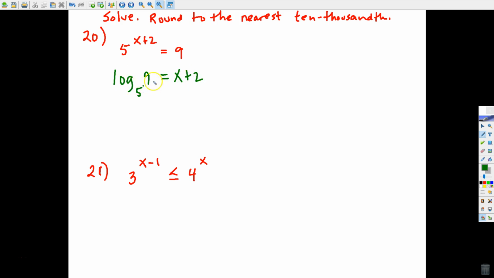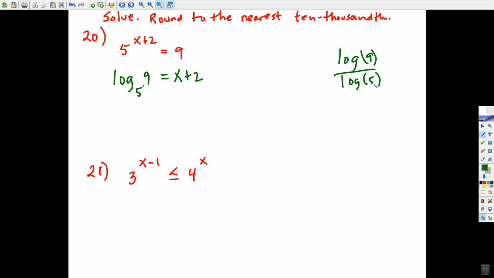When you're writing a log equation, you always let the log equal the exponent. And now we're going to use this change of base formula, which says log of the top number divided by log of the base. So let's do log 9 divided by log 5.